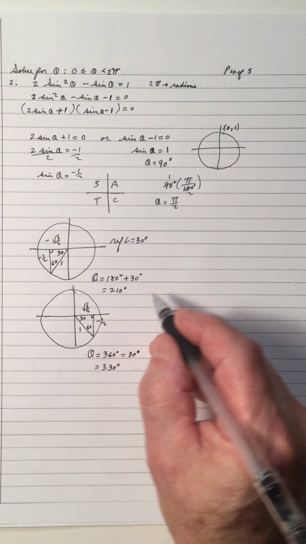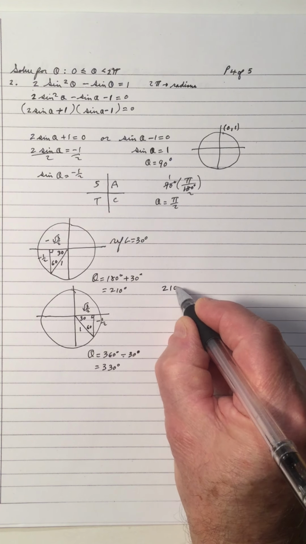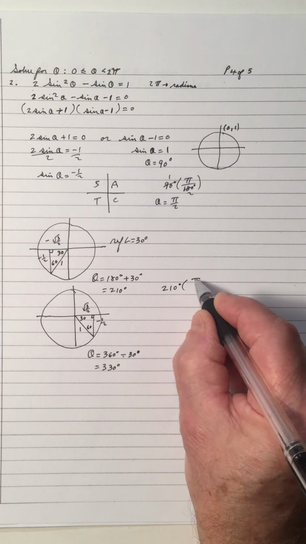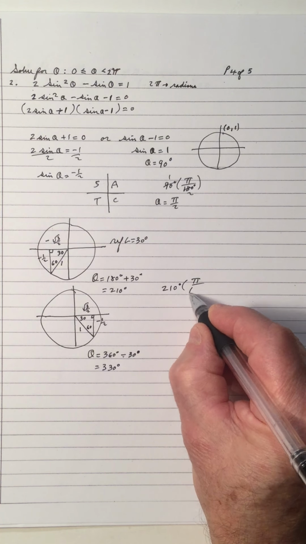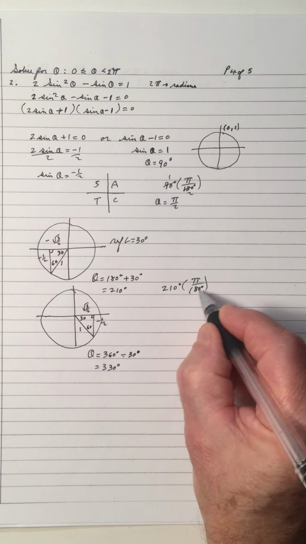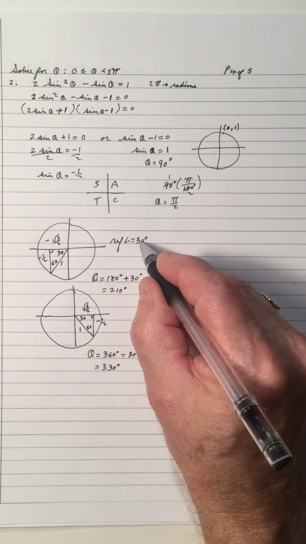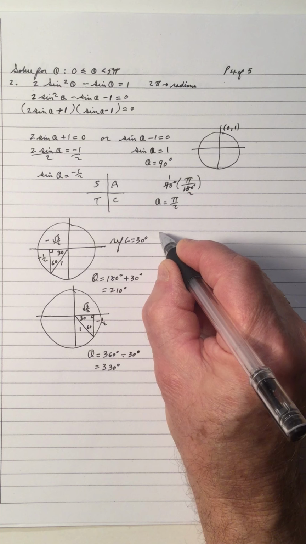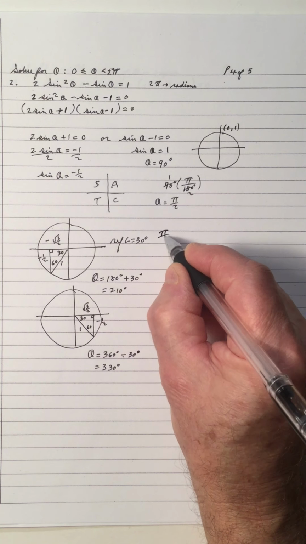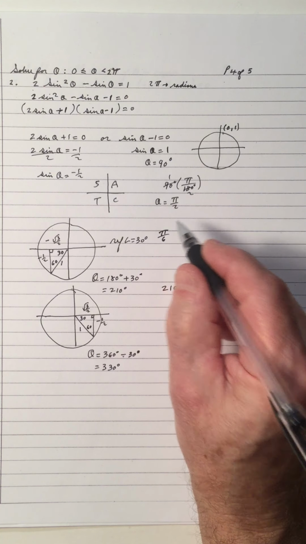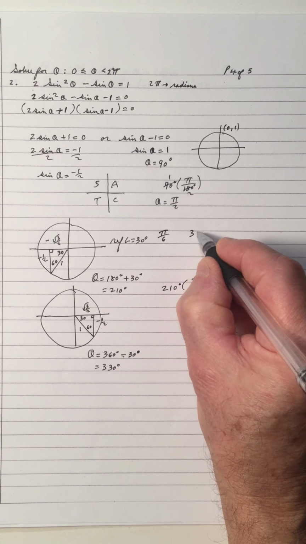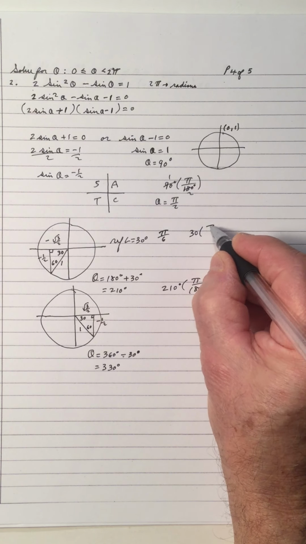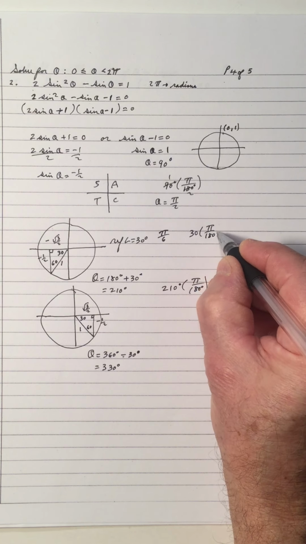We got 210 degrees, so 210 degrees multiplied by pi over 180. But before we do this, I want to look at what 30 is. 30 as a radian is 180 divided by 6. So again, 30 multiplied by pi over 180.